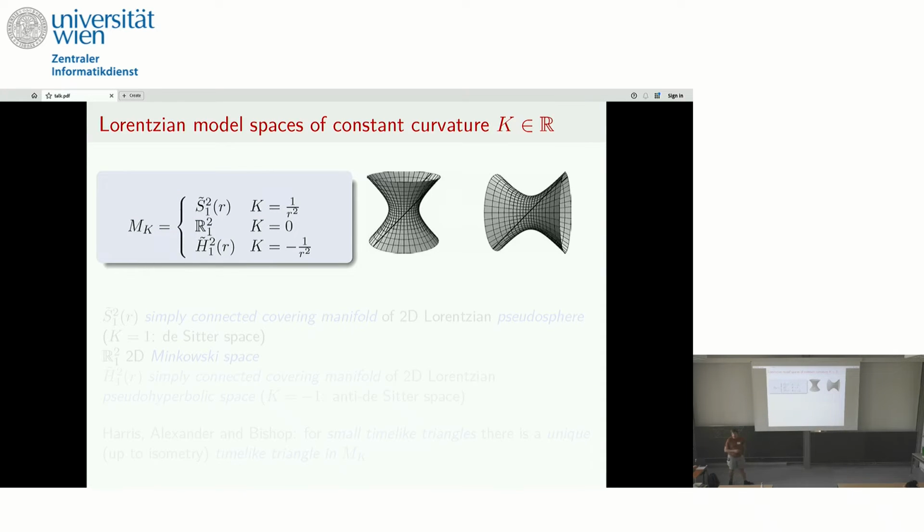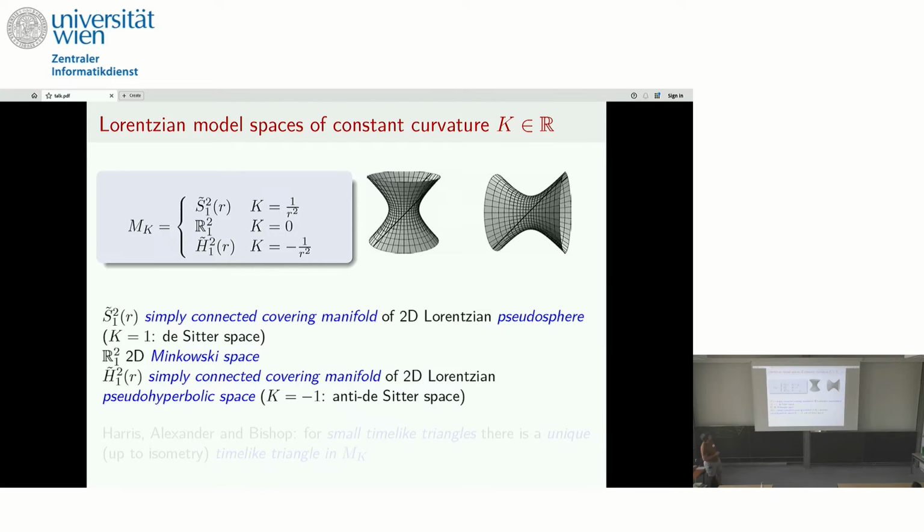Now let's talk about curvature, and in particular first triangle comparison. So these are the model spaces of constant curvature k in the Lorentzian case. For k equals 0, this is just two-dimensional Minkowski spacetime. For k positive, this is the simply connected covering manifold of the scaled de Sitter space, which is here for k equal 1.